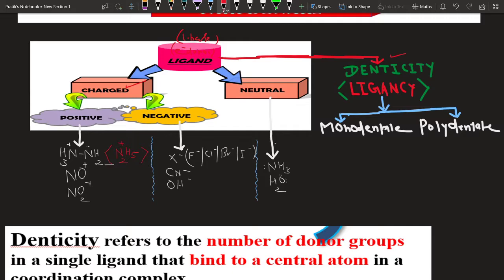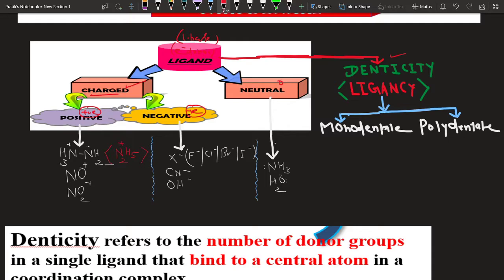When you are saying on the basis of charge, student, it is on the basis of the type of positive or negative charge which is present on the molecule. When there is a positive charge, it is called a cationic ligand. If the ligand molecule consists of a negative charge, it is called what? Anionic ligand. And if the ligand has zero charge or is chargeless, it is referred to as what?